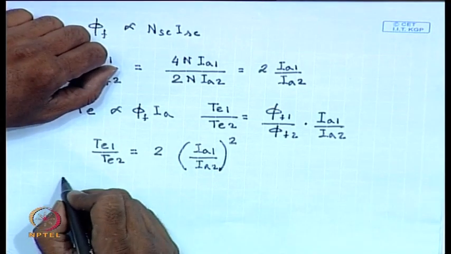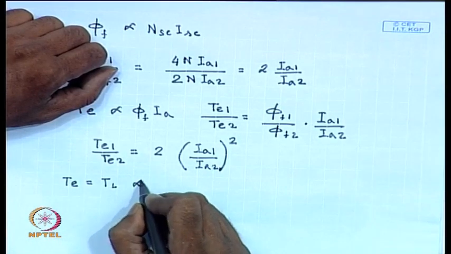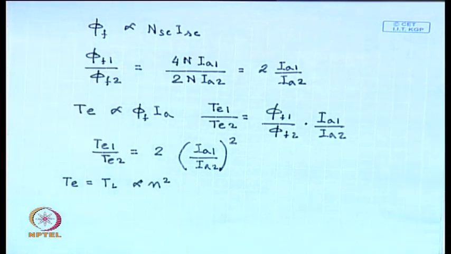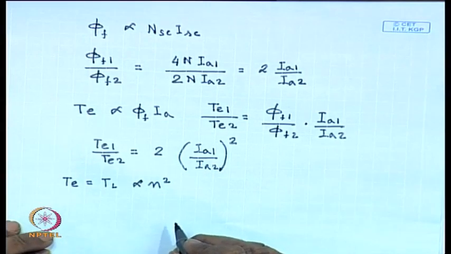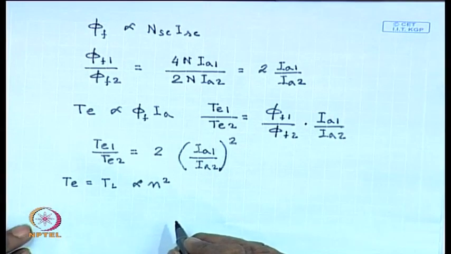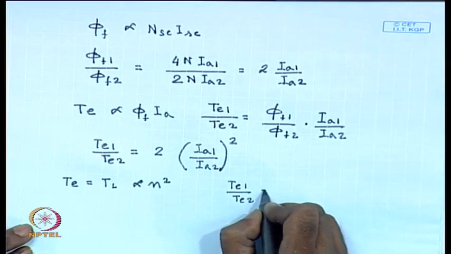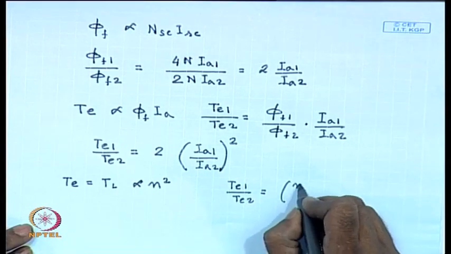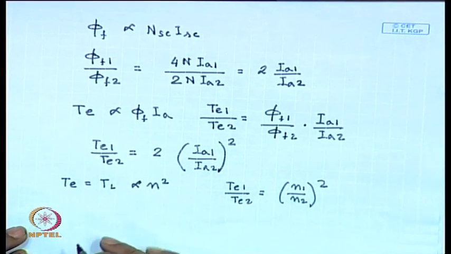But in steady state T E equal to T L, which is proportional to n square. Therefore, T E 1 by T E 2 is equal to N 1 by N 2 whole square.